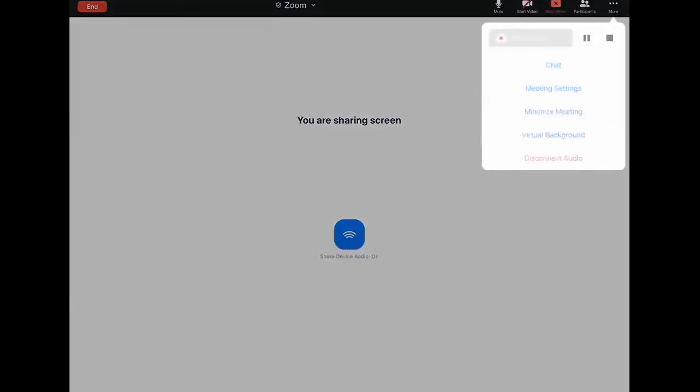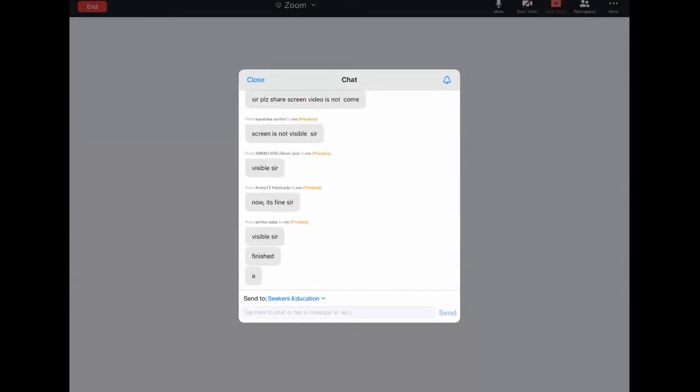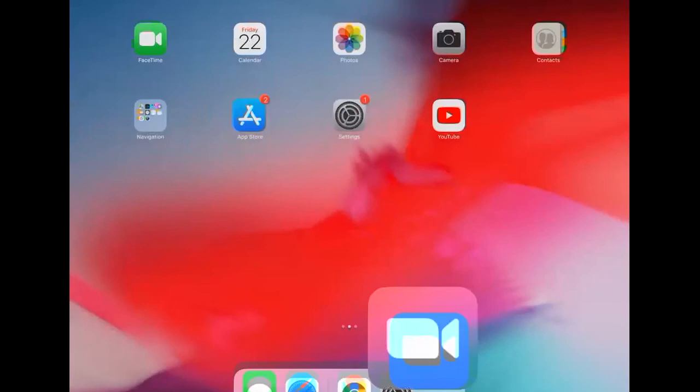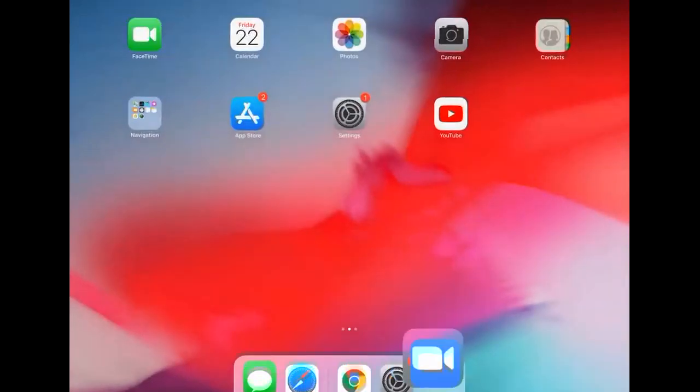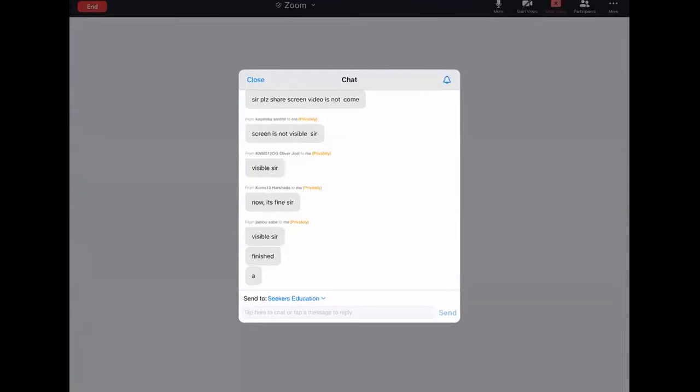So you can respond. I am asking you in this case, what is the force at the hinge? Is it 0, option A, or is it non-zero, option B? I've got only one response, option A. Great, good. Others?